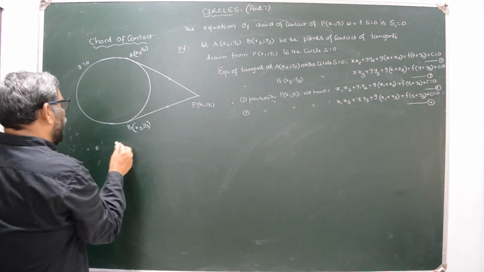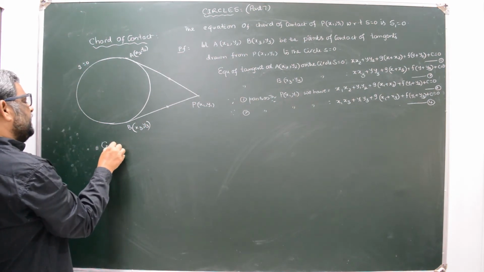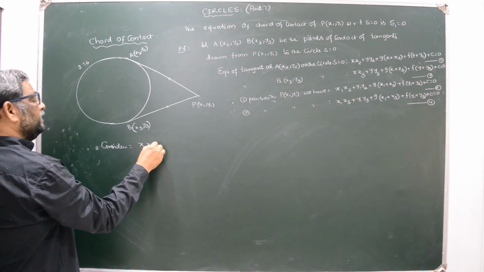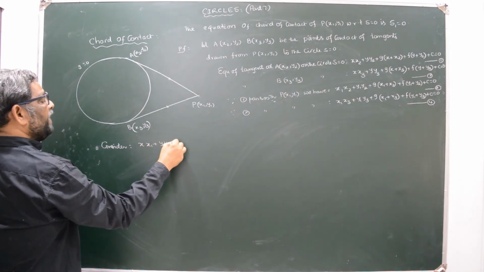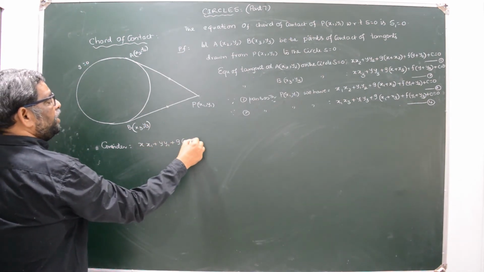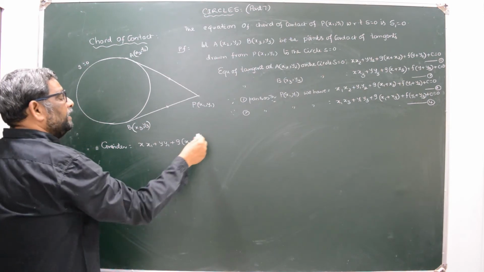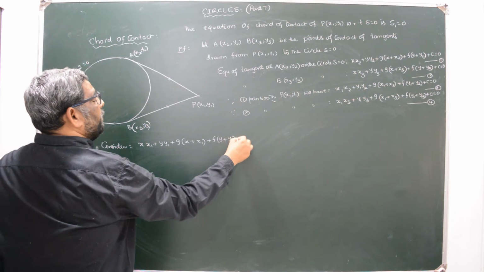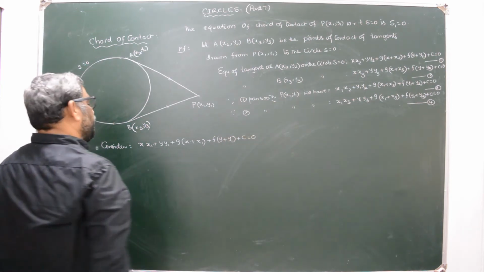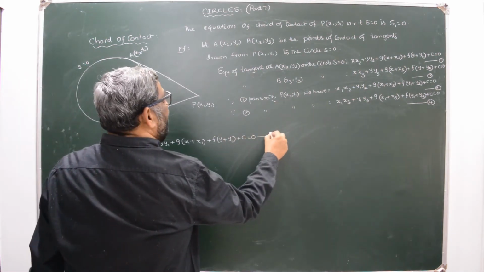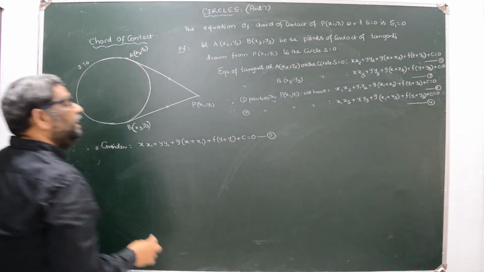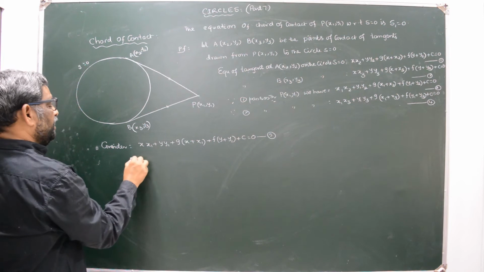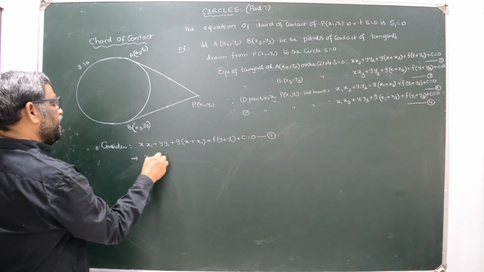Now we'll consider an equation. Consider xx1 plus yy1 plus g into (x plus x1) plus f into (y plus y1) plus c equal to 0. Let me call this as 5. Now I will rewrite it in a different fashion.